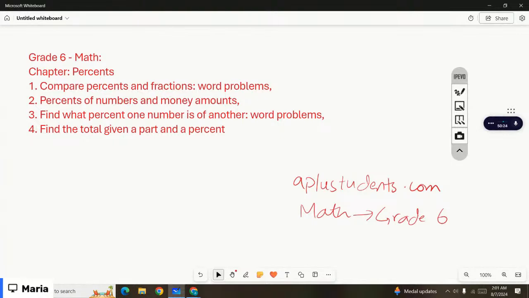We're going to start with the chapter percents. The lessons we're going to cover today are compare percents and fractions word problem, percents of numbers and money amount, find what number is one number of another, word problems, find the total given a part and a percent.